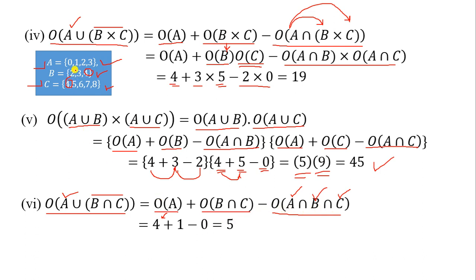Is there any common element in all these 3? I think no, so that's why it is 0. There is no common element in all these 3 sets A, B, C, and we got 5 as the number of elements in the union of A and the intersection of B and C.